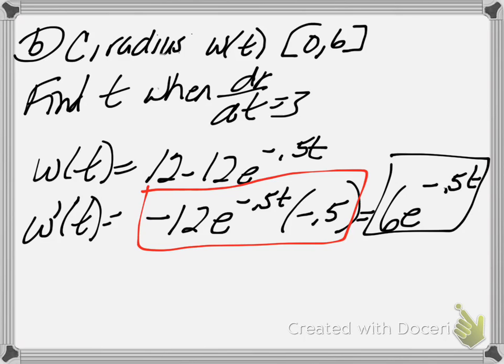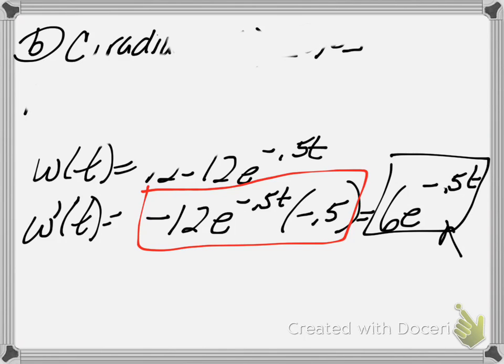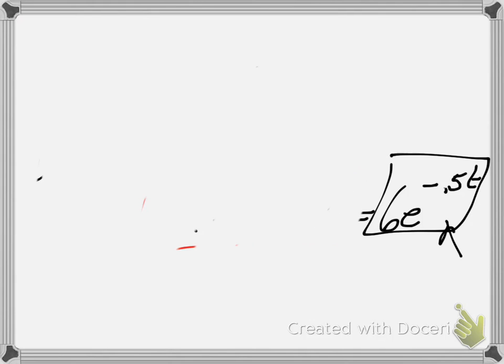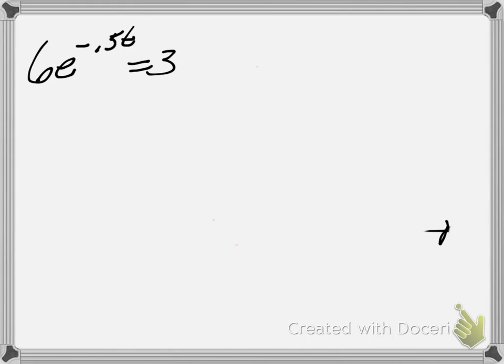Okay, so when is this thing going to be equal to 3, right? When is the derivative equal to 3? So I'm going to make some space here and rewrite that. So when is 6e to the negative 0.5t going to be equal to 3? And if you wrote that equation, that was just 1 more point you earned.